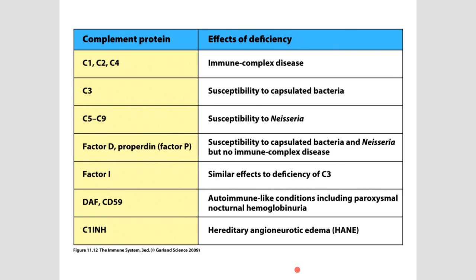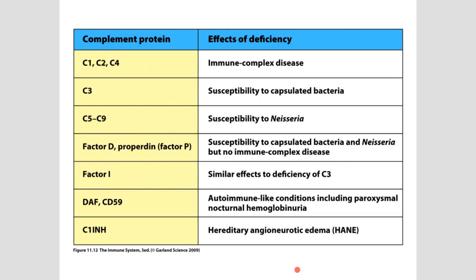If we don't have one of these, for example, if you don't have C1, C2, C4, we have an immune complex disease. Again, it's hypersensitivity 2 or 3. If a person lacks C3 complement protein, that's a routine test that we do when we send for your complete blood count. We look for C3. If you pay attention to the blood reports next time of yourself or the patient, you will see it says C3.